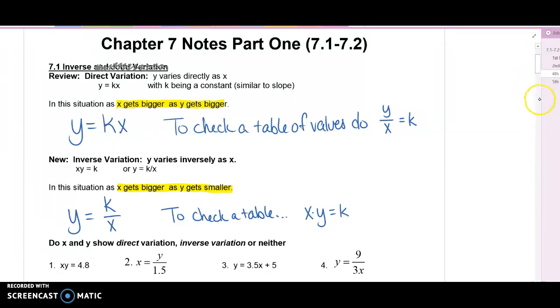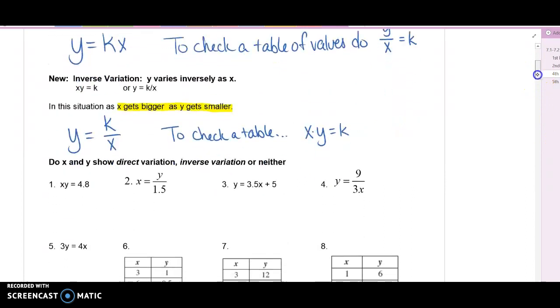So numbers 1 through 8, we are going to check to see if these are direct variation, inverse variation, or neither. Let's start with equations.